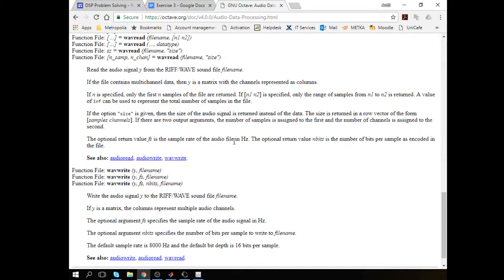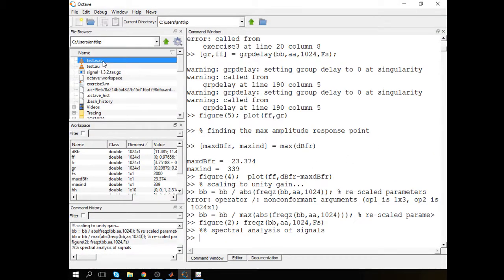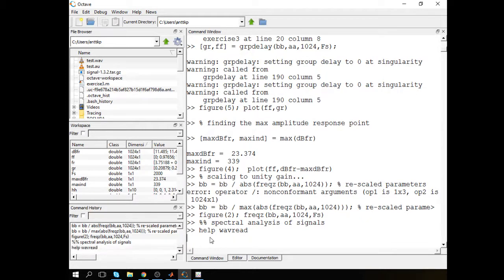Okay, sound SC is the wave read. Excellent. In MATLAB, there might be also the wave read. So if you find a sound sample somewhere, for example, your previous sound samples, what you have produced, then you can start doing the spectral analysis of that. I have no idea what this test.wav is here, but I will find out. Help, help, wave read.